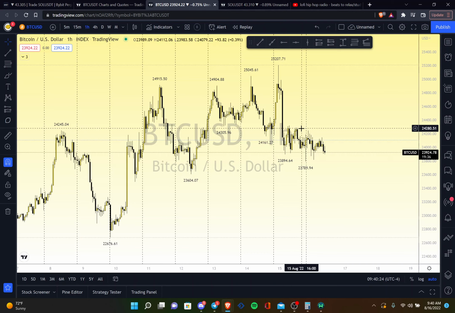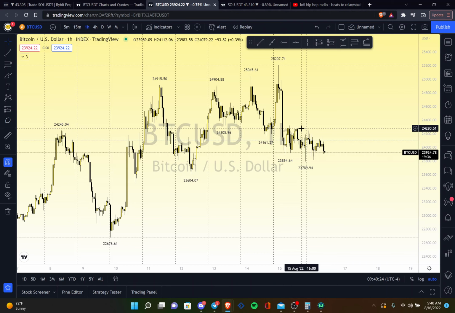There's room for it to come lower, but as it gets towards like 23.5, which is what we were just talking about, I think you can get a nice long position into Bitcoin, and at least challenge the top of this structure. It's going to be around 24 at the time, maybe 23.8. So that's going to be interesting.